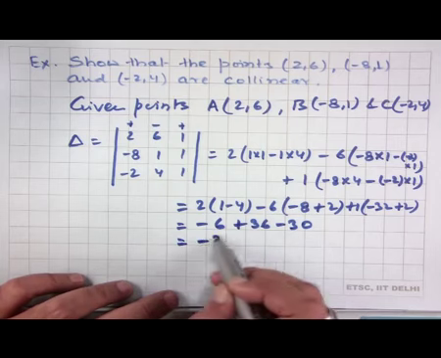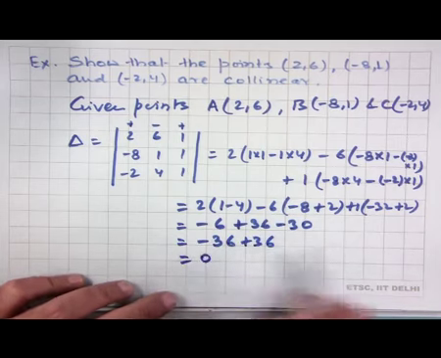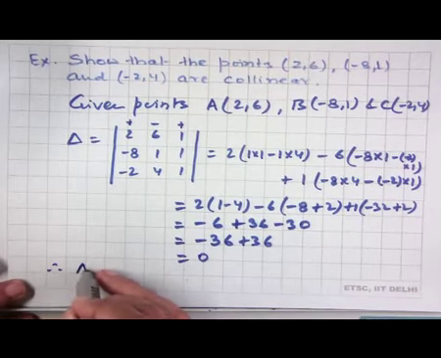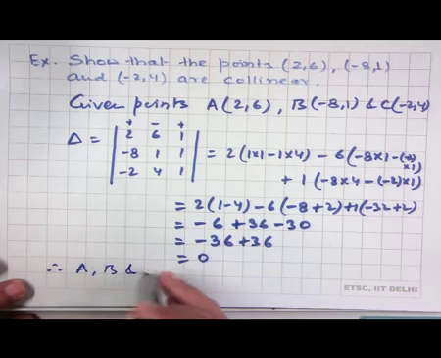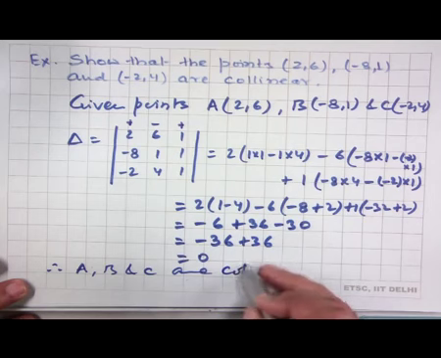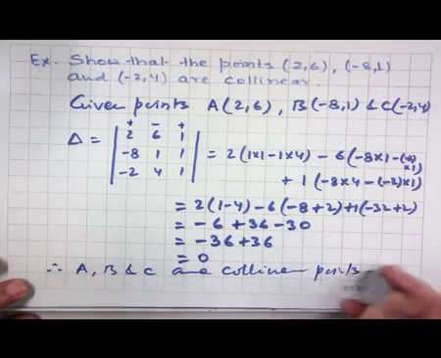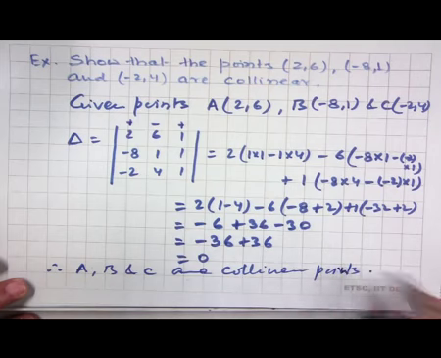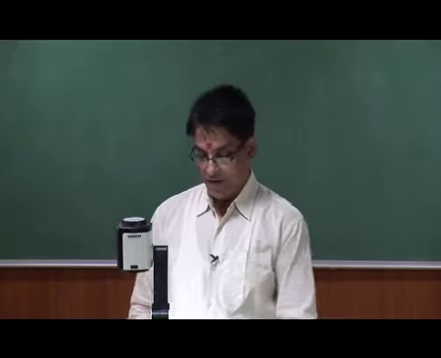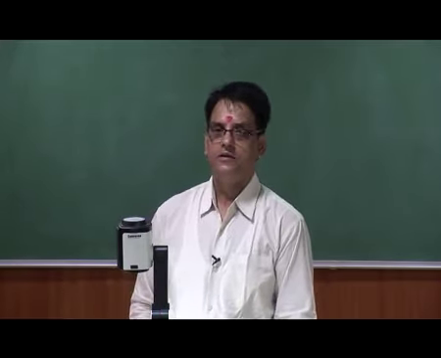So minus 36 plus 36 equal to 0. So A, B and C are collinear points. In this way we can verify whether any 3 points are collinear or not collinear.